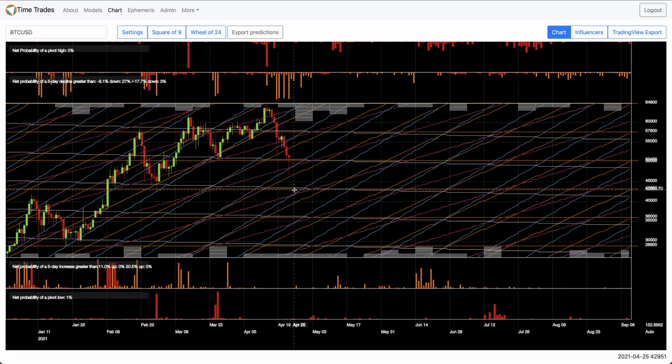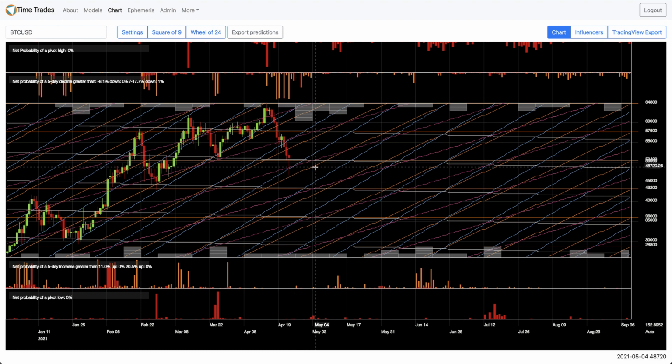So we went over some of this before, but you can see how the Venus channel, which is the blue channel, is respected really well by Bitcoin, and also same thing with the Sun channel. You could probably use either of those as very good astronomical trend lines. The other thing that's crazy is just how much support the North Node provides, right? Anytime this thing probes below the North Node, there's an immediate rally back.